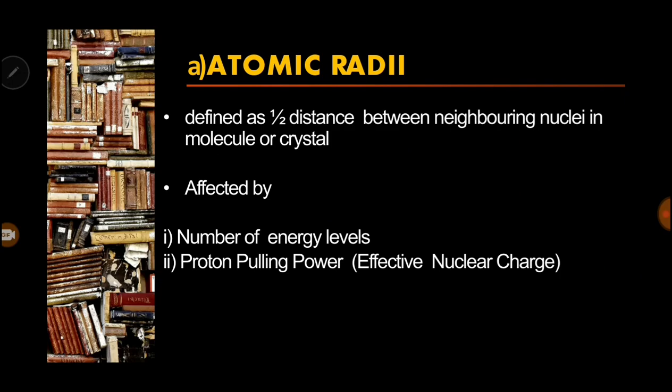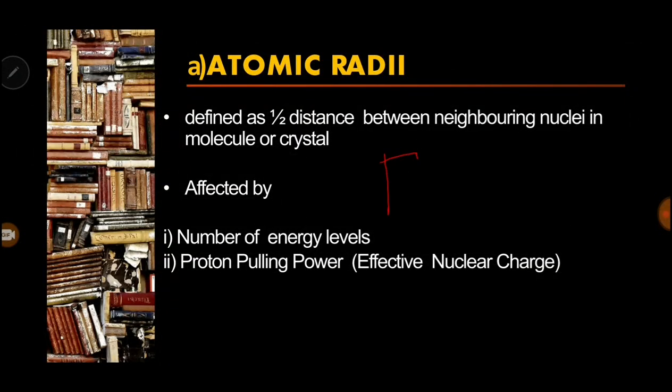Atomic radii is defined as the distance between neighboring nuclei in a molecule or crystal. The atomic radius will be affected by the number of energy levels and the proton pulling power, or effective nuclear charge.